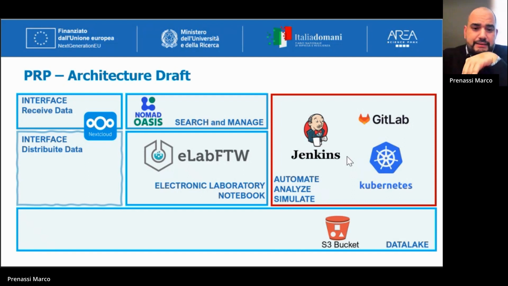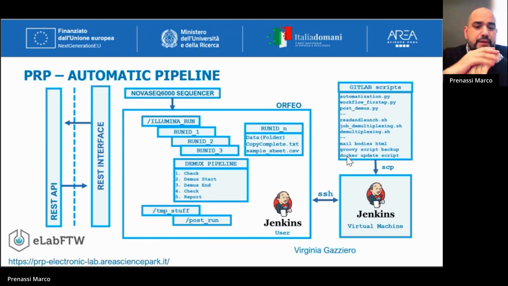We have made it thanks to Virginia Gazzero, who was our PhD student, not anymore, but we still collaborate with her. And that is the automatization pipeline for sequencing with the LAGE, the Laboratory of Genomics that we have.